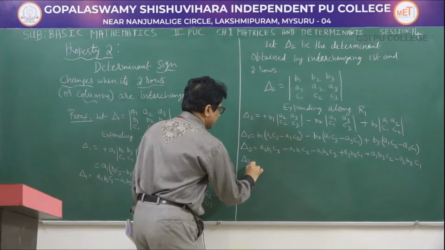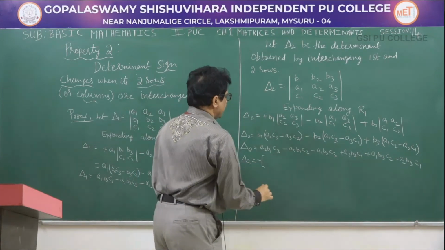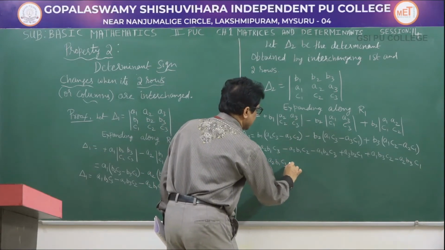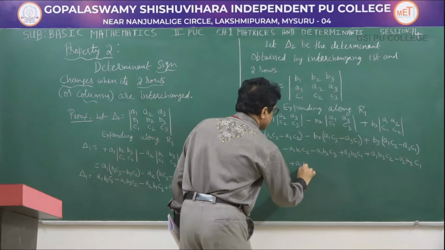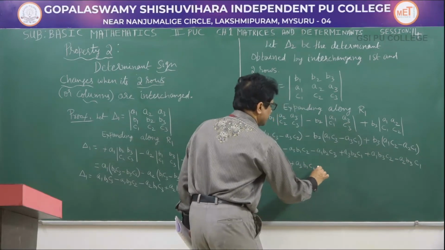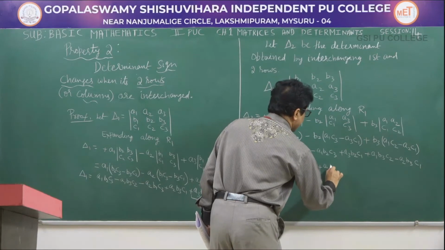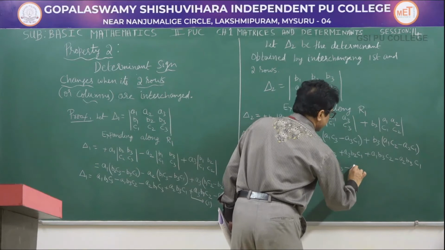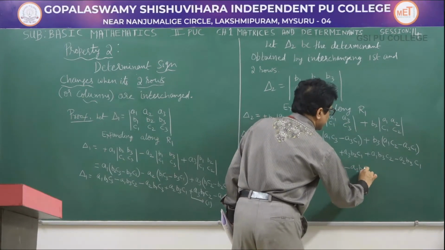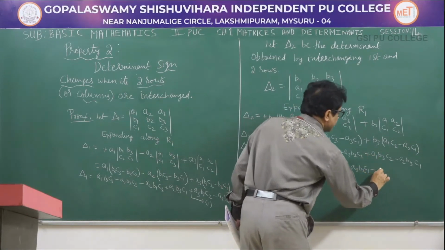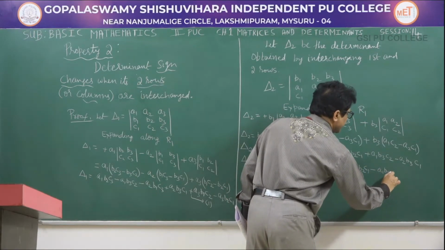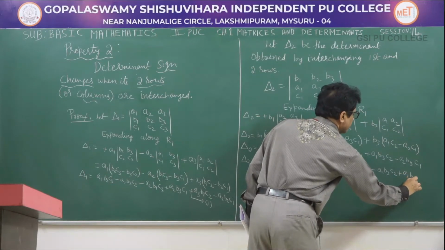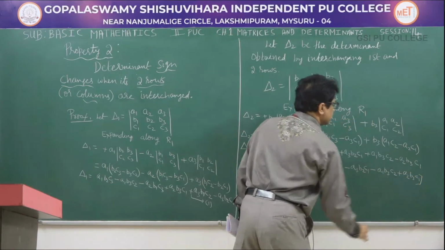So let us take minus common. So we get minus A2 B1 C3 plus A3 B1 C2 plus A1 B2 C3 minus A3 B2 C1 minus A1 B3 C2 plus A2 B3 C1.